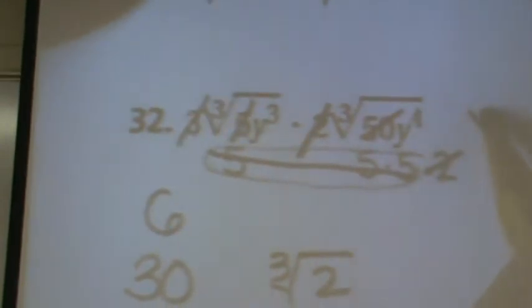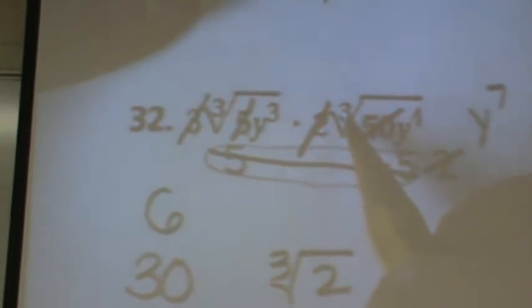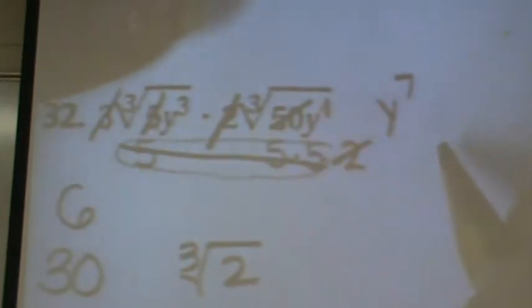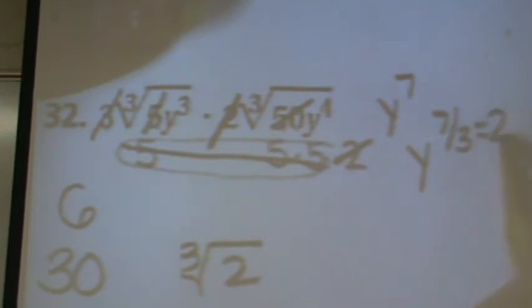So these numbers are all taken, we're done with the numbers. We've got 7 y's left, y to the 7th power. But we're looking for 3 of a kind. So if you're looking for 3 of a kind, how many sets? If it's 7 thirds, that's equal to 2. 3 goes into 7 2 times with 1 left.